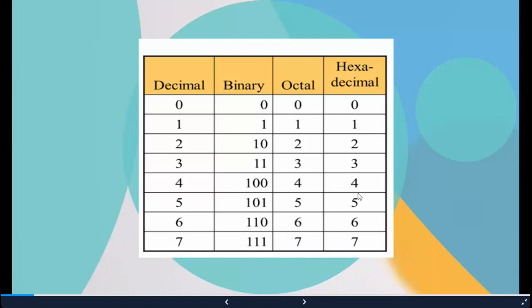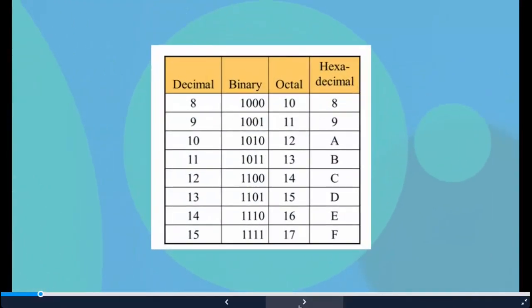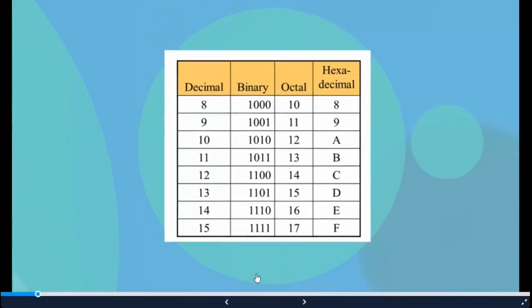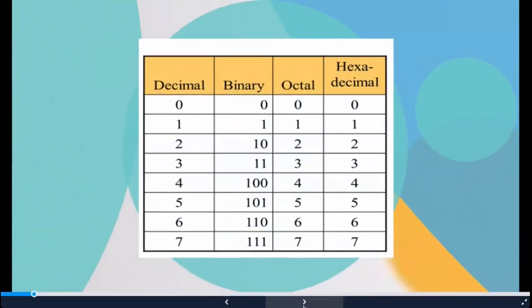And hexadecimal, this is the equivalent. Notice 7, 7, 7, 7 for octal and hexadecimal. Binary, later we're going to do some computation, and also with octal and hexadecimal. So notice the 7, 7, 7.